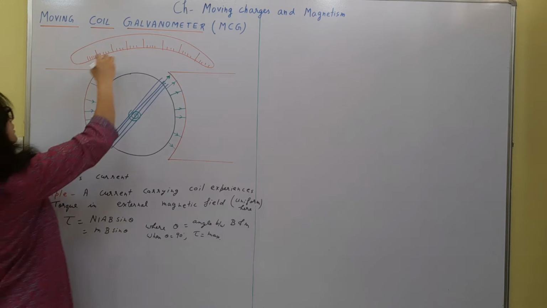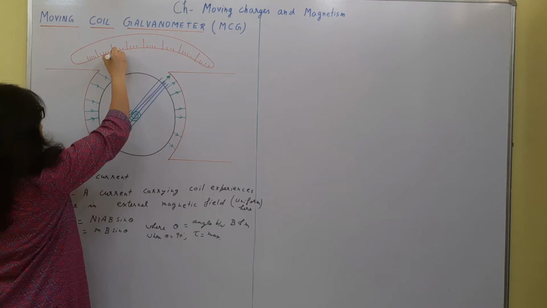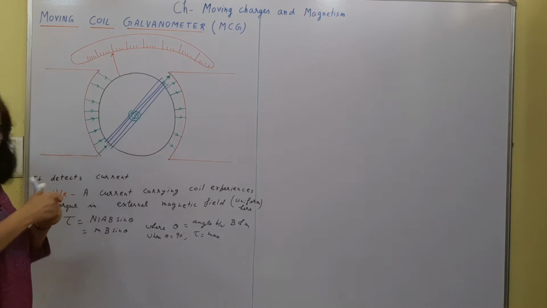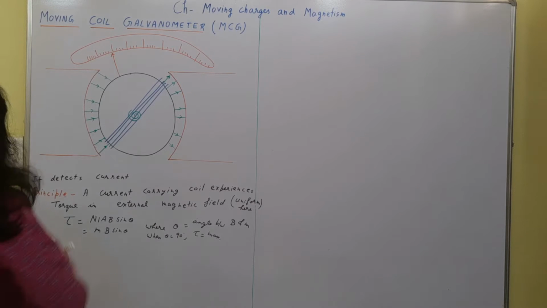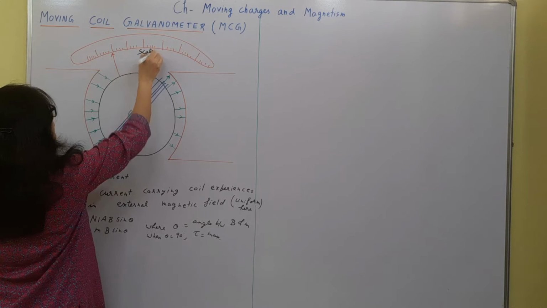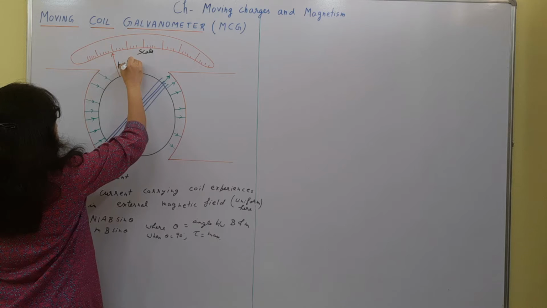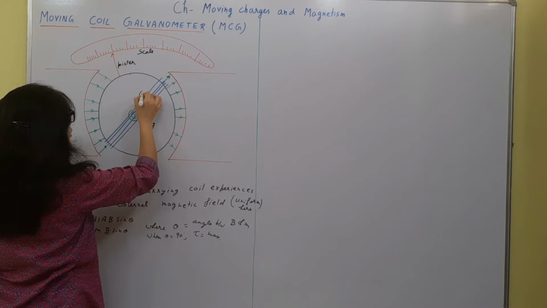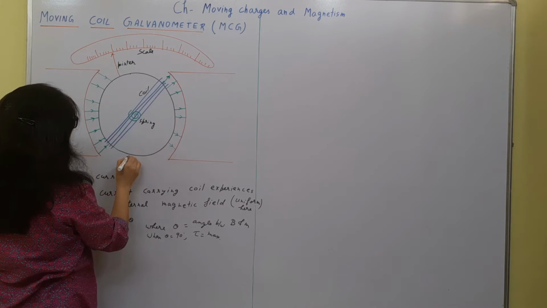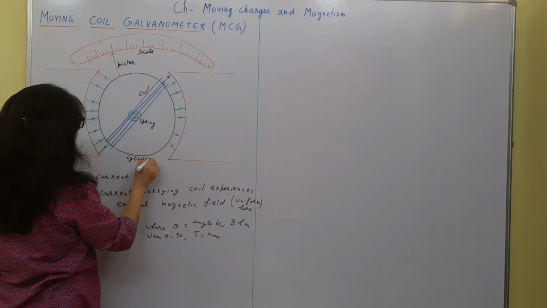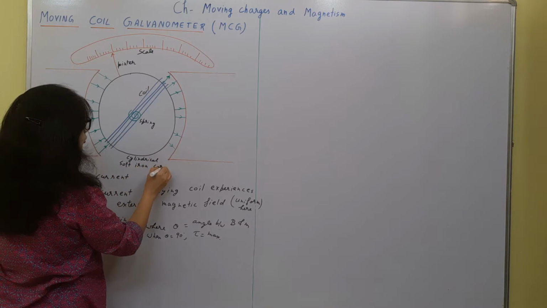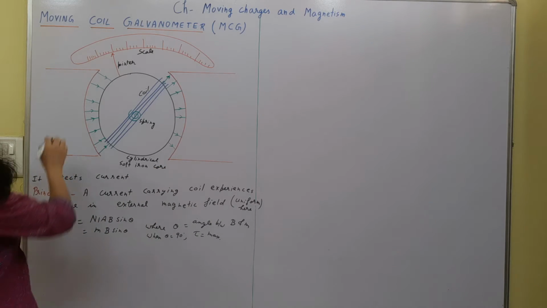So we have a pointer somewhere which is attached to the spring. This pointer gives the value of the current. So this is your scale. This is the pointer. This is the spring. This is the coil. This is cylindrical soft iron core, and these are the cylindrical magnets.